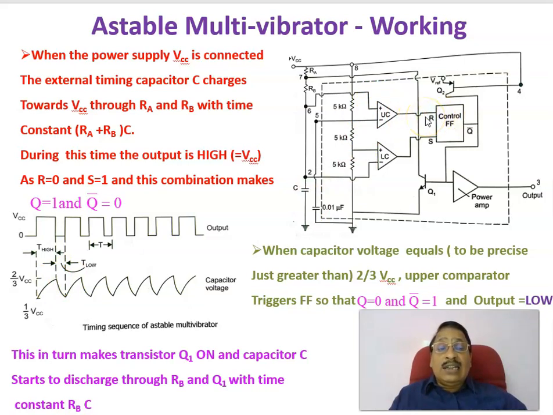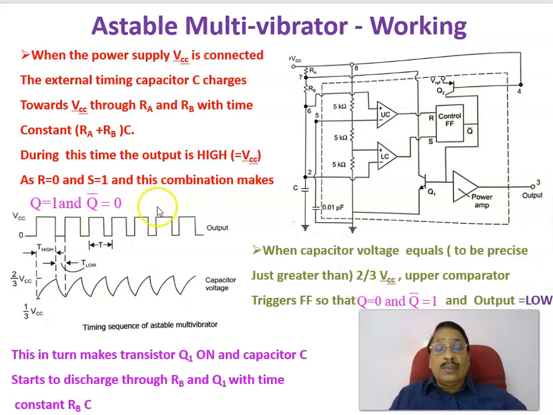When R is high, the reset pin is high, meaning that Q will become 0 or Q bar will become 1. As Q bar is 1, the output will go to 0. Therefore, as this capacitor voltage reaches 2 by 3 VCC, the output is changing from high to low.